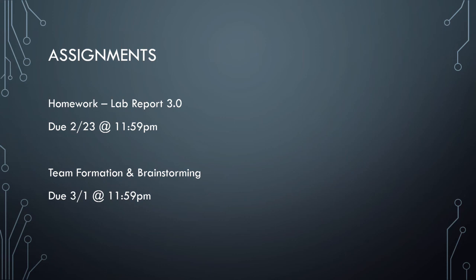Certainly try to get going and start it this week. That way everyone in your team has plenty of time to react and respond, and you can all select the brainstorming methods and go back and forth and select the top ideas. So you have 2 weeks before your team formation and brainstorming sheet is due. And that is it for the lecture for week 6.